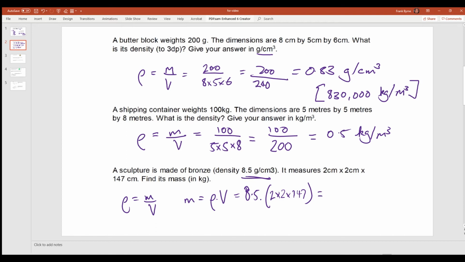That comes out as 8.5 times 2 times 2 times 147, which equals 4998 grams. Notice it's grams, isn't it? Because it's 8.5 grams per centimeter cubed, which is, I'm just going to call that 5.0 kilograms.